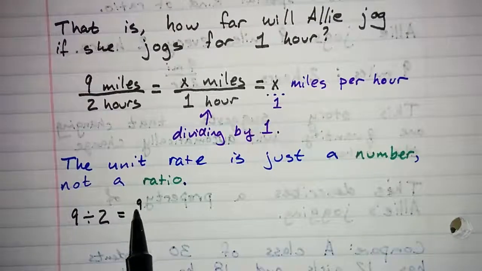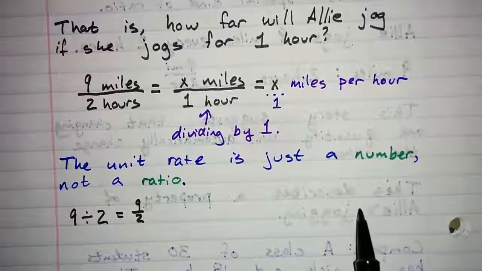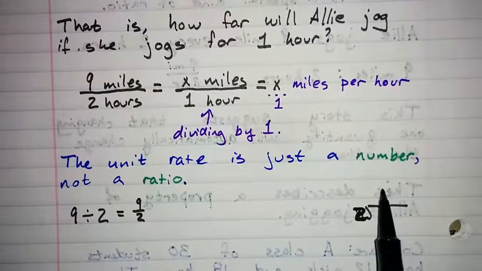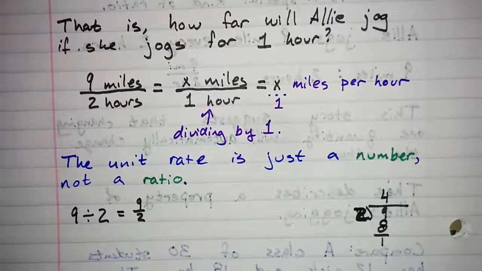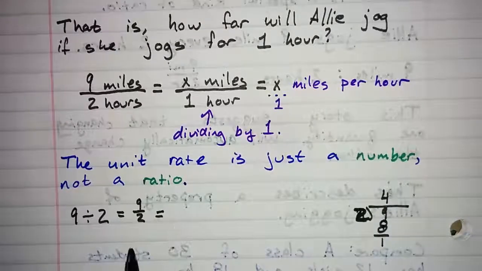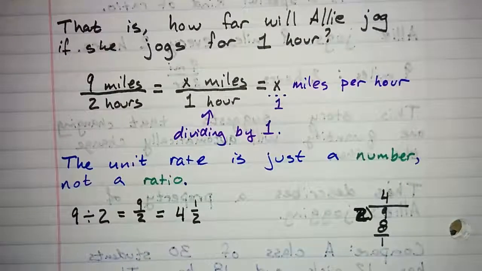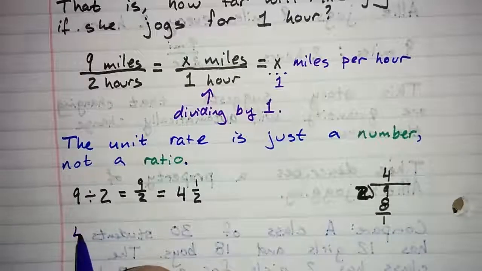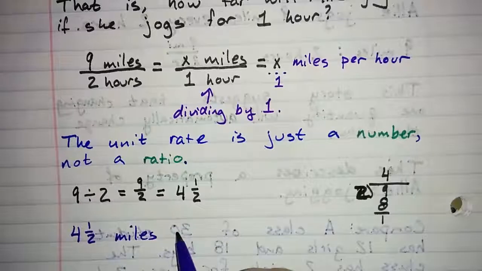We could just say 9 halves, but probably a mixed number is going to be more helpful. 2 goes into 9 4 times, with 1 left over. So this is 4.5. The unit rate is 4.5 miles per hour.